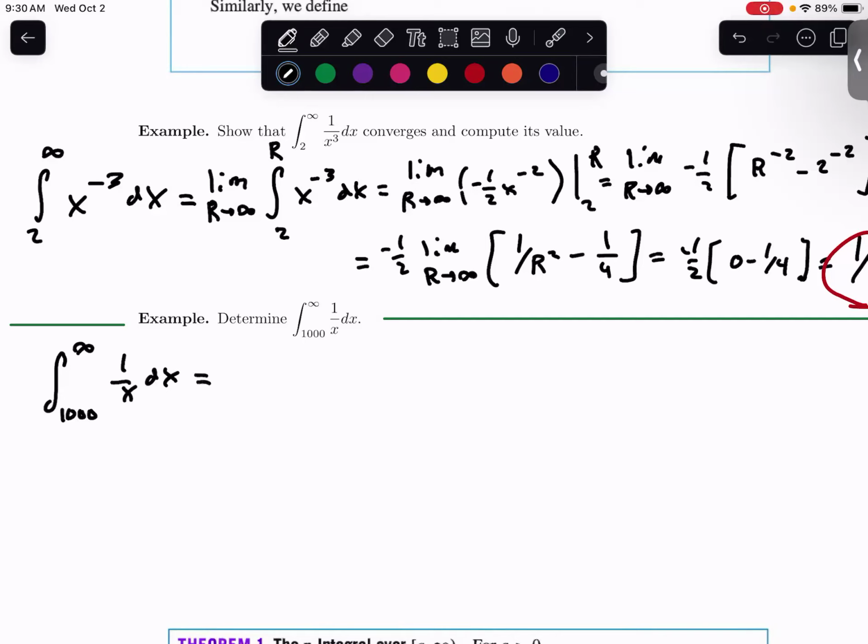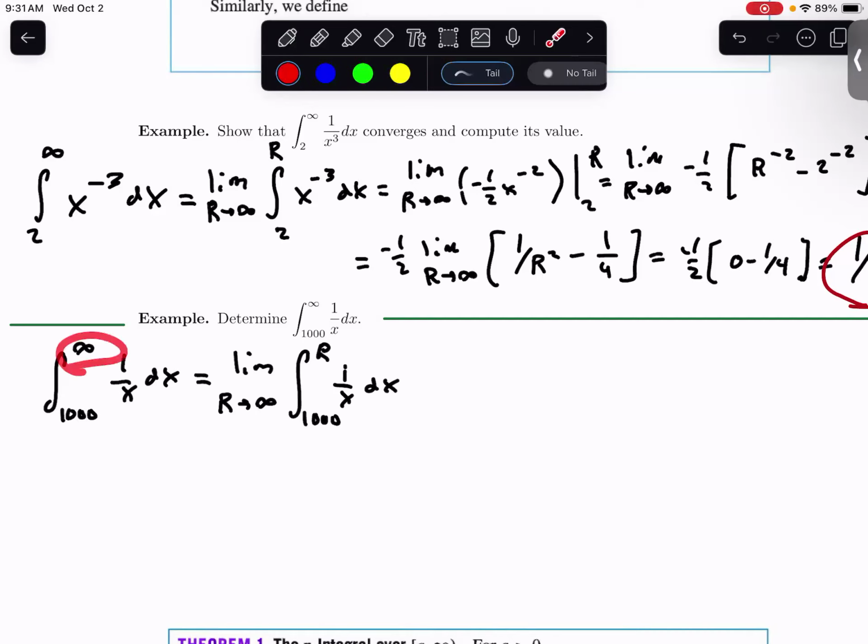And so this is the same thing as doing the limit as r goes to infinity of the integral from 1,000 to r of 1 over x dx. Again, all I did was get rid of the infinity in the limit of integration and transform it into a limit.